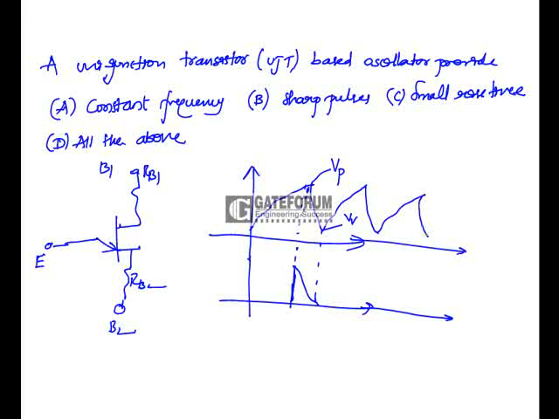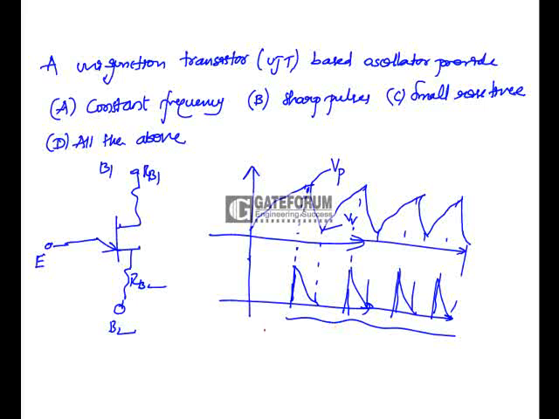If you take n number of pulses, this is the pulse configuration we have. Every time you have sharp pulses with very small rise time, whereas the frequency is constant. So all of the above is the correct option.